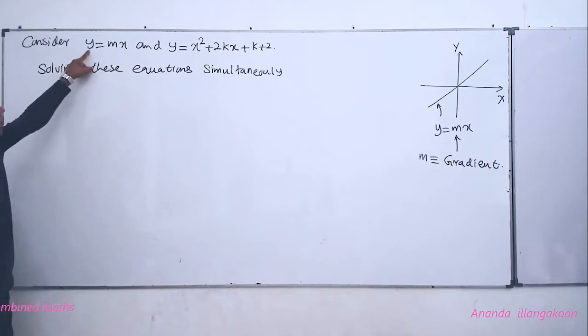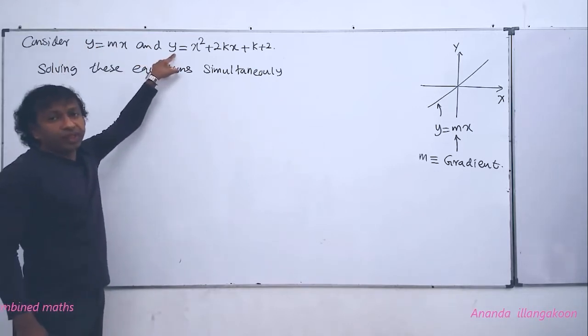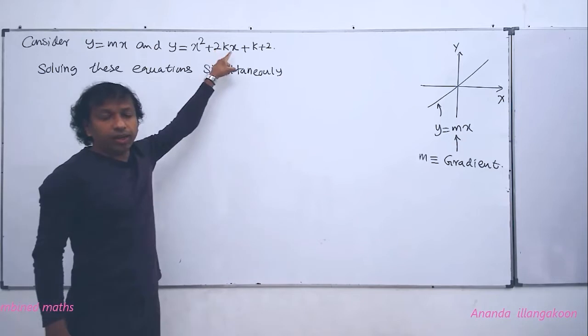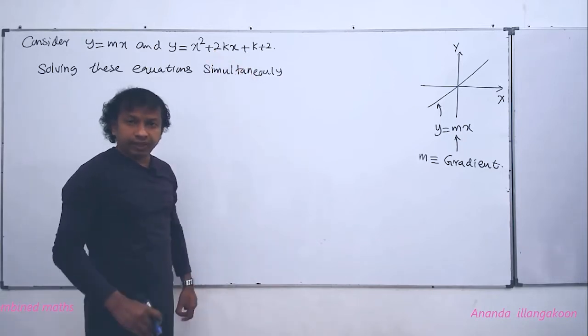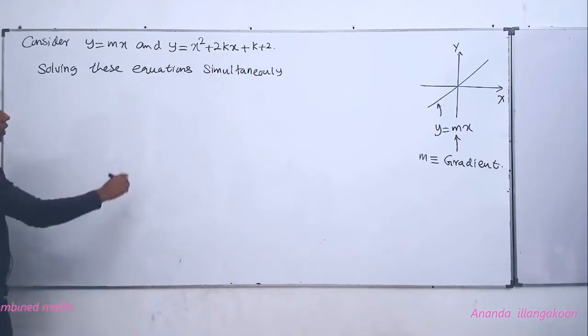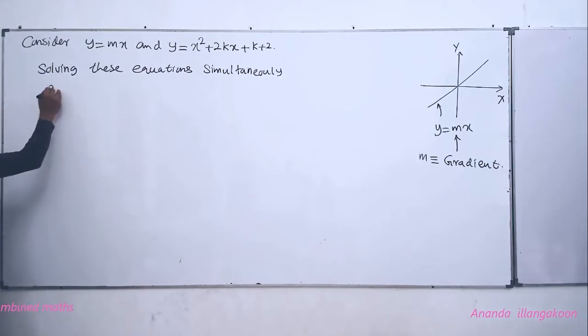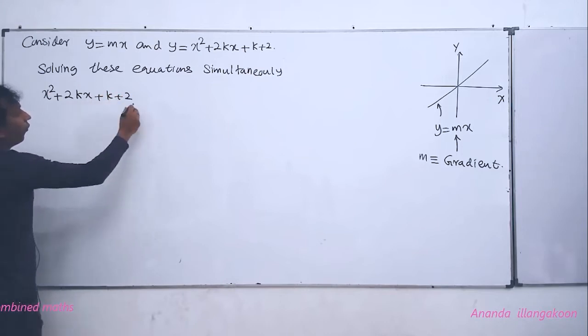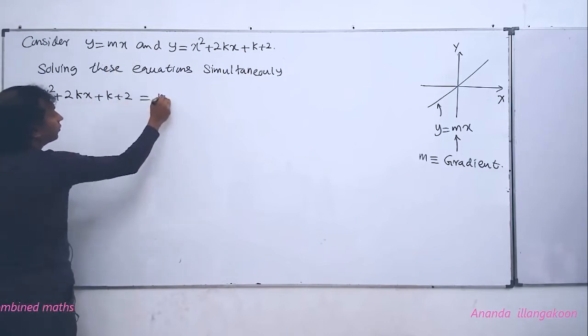This y left hand side and this y left hand side we equate. When the left hand sides are equal, it means, people, the right hand sides are equal. That means we equate the right hand sides. Okay, and then that right hand side, x squared plus 2kx plus k plus 2, we equate to the right hand side of this.